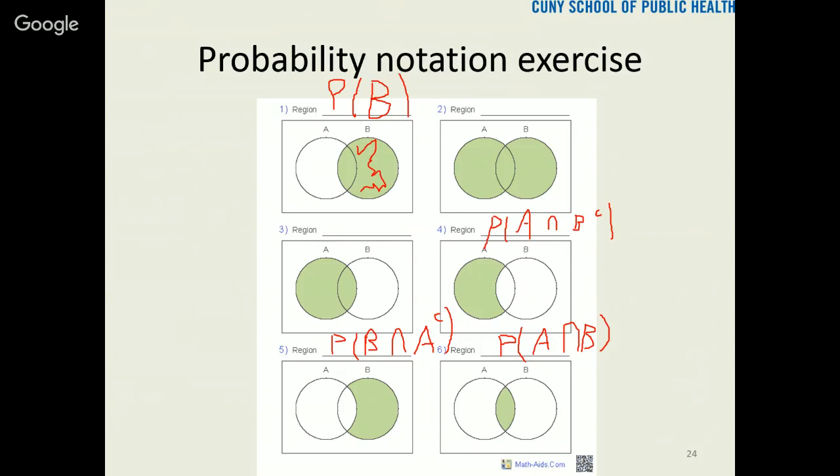Why wouldn't 4 just be B complement? Well, that would also include all this stuff out here. B complement is everywhere outside of B. But here it has to be outside of B and it has to be inside of A. So it's the intersection of A with B complement.